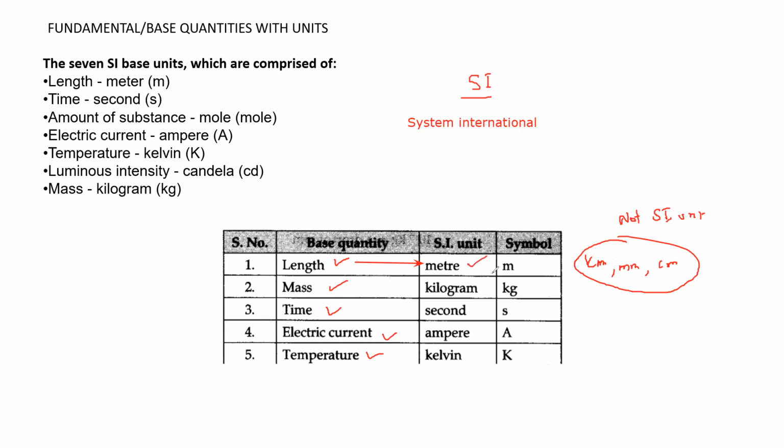Acceleration, derived or fundamental? So acceleration is a derived quantity because the 7 fundamental quantities are length, mass, time, temperature, amount of substance, and light intensity.